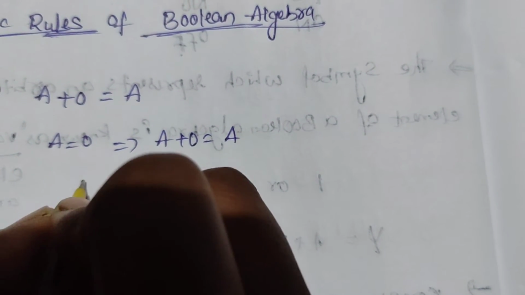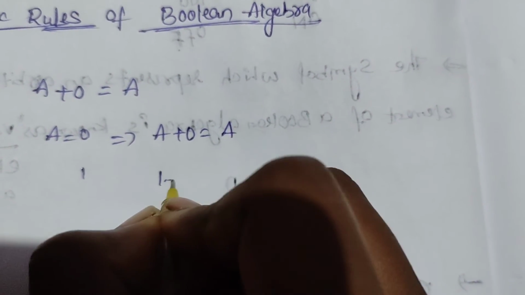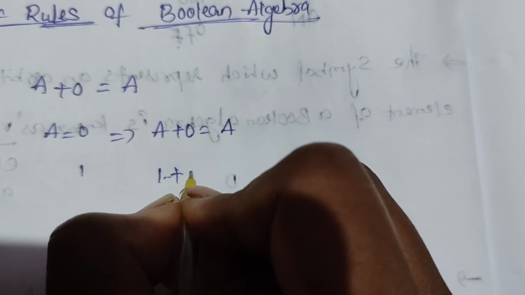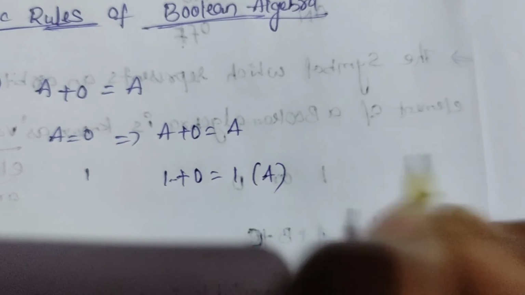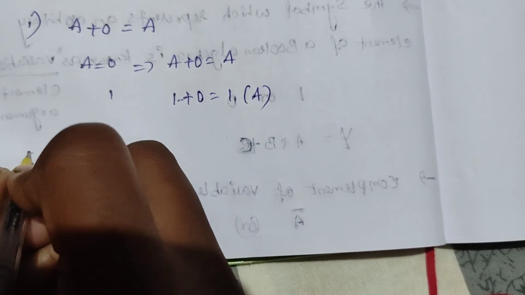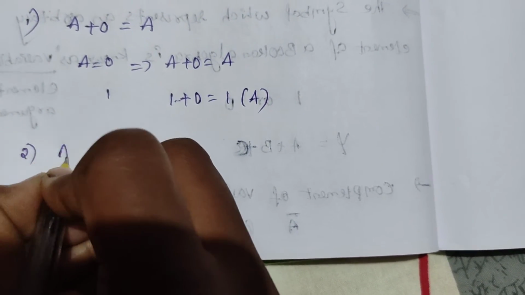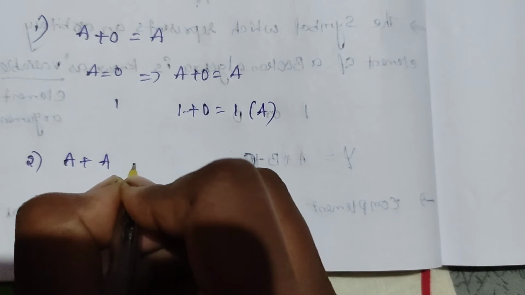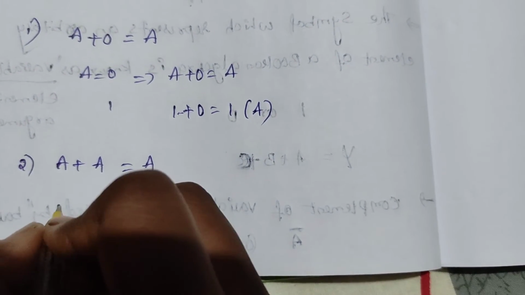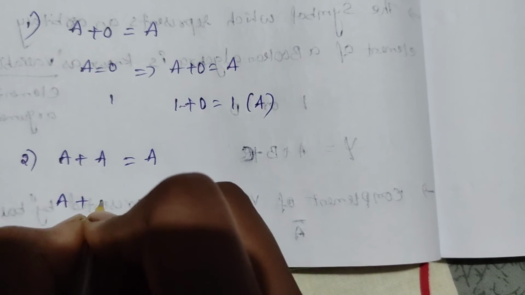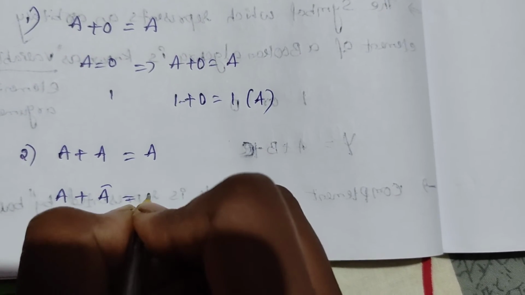And if a is equal to 1, 1 plus 0 is 1, that is nothing but a only. Second one, a plus a is equal to a, and a plus a bar is equal to 1.